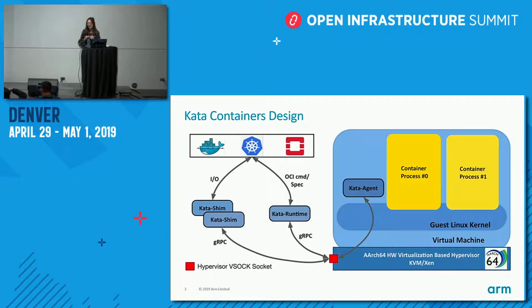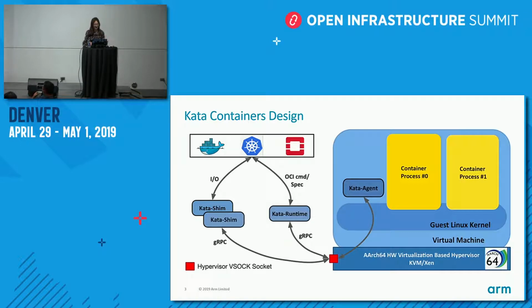It will parse the I/O stream from the container processes into the containerd and deliver the signals from the containerd to the container process. But in the Kata world, the container process is in the guest, so the containerd shim couldn't really touch them. So we need Kata shim to be the representative of the container process running in the guest, and to inherit the role of the containerd shim to be the container reaper.